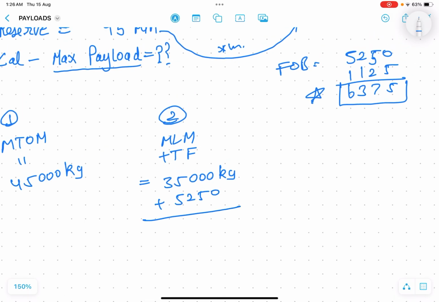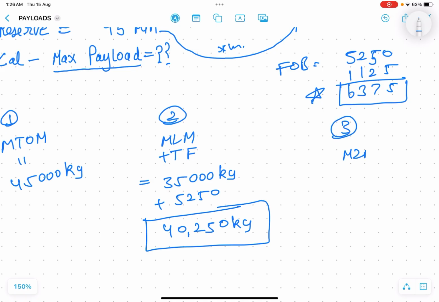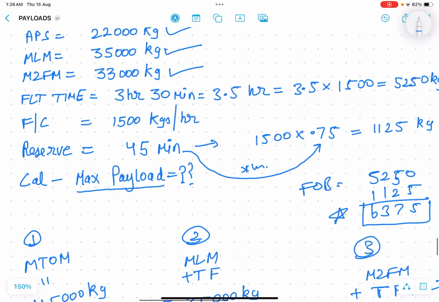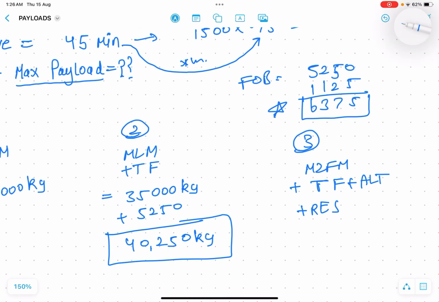It becomes 40,250 kilograms, the second quantity. And the third quantity is maximum zero fuel mass plus trip fuel plus alternate plus reserve. We don't have alternate, so I will erase this. Trip fuel plus reserve.